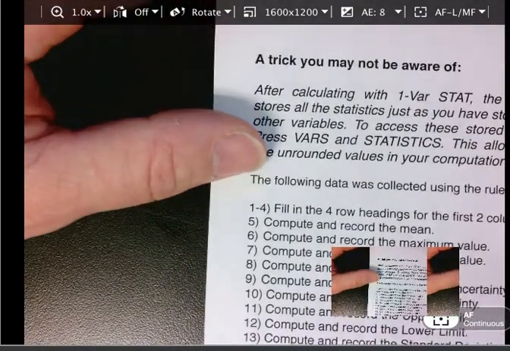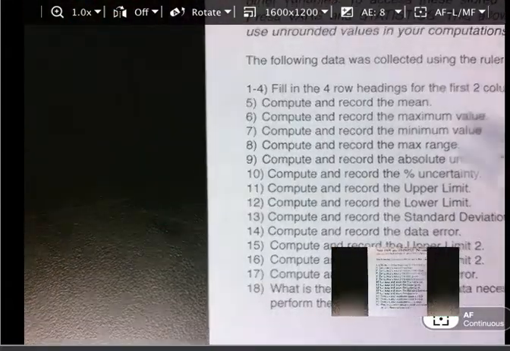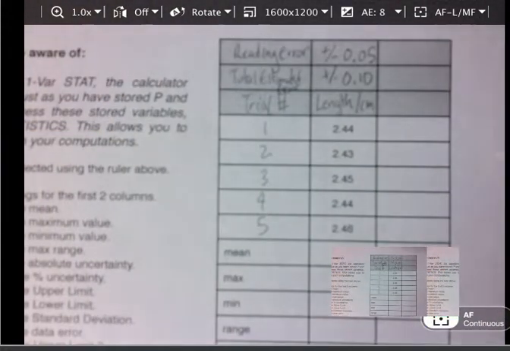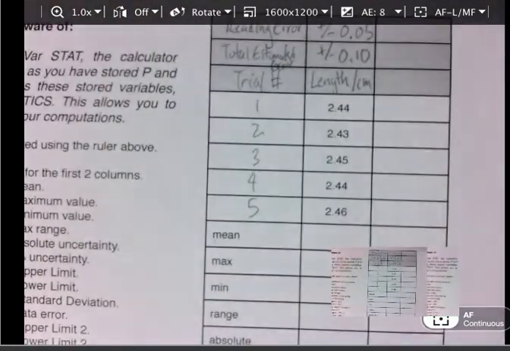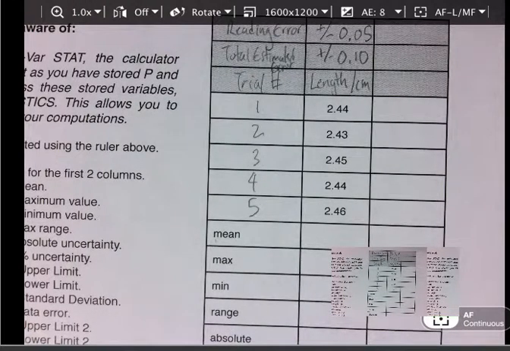So the next series of questions, 5 through 18, is to compute and record the mean. Now, we have a powerful tool at our disposal, of course, in spreadsheets, but in a testing situation, we only have a graphing calculator. So what we would do next is enter this data into our graphing calculator.